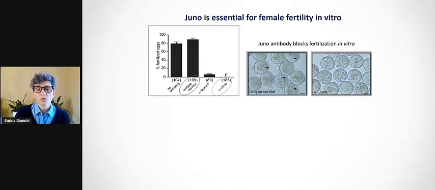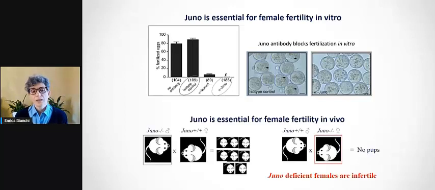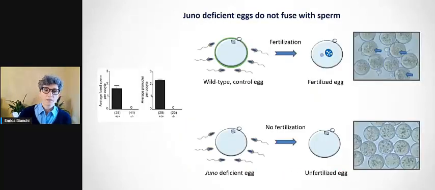And to further confirm the role played by Juno in fertilization, we generated knockout mice that showed us that Juno was required for fertilization in females, because male mice lacking Juno are completely fertile. I have to say that both male and female are viable and healthy, but females are infertile.